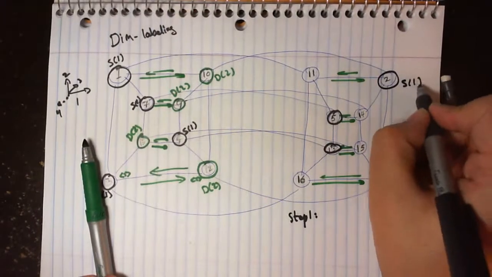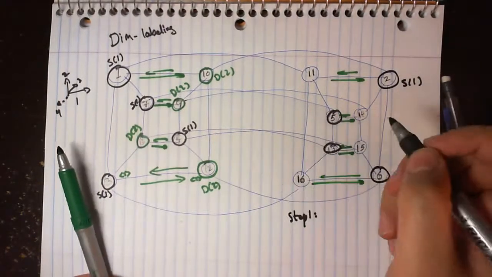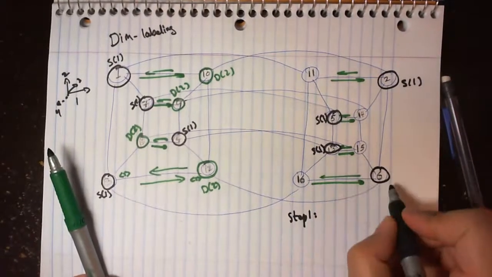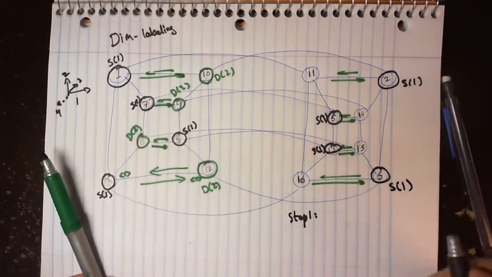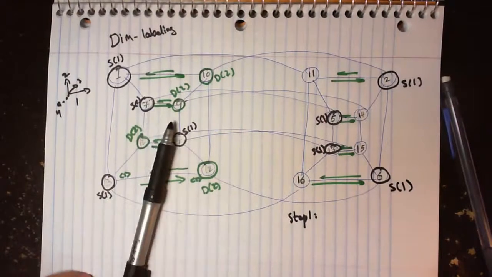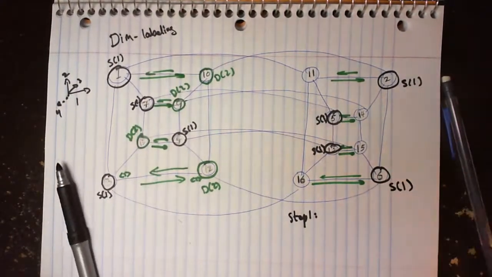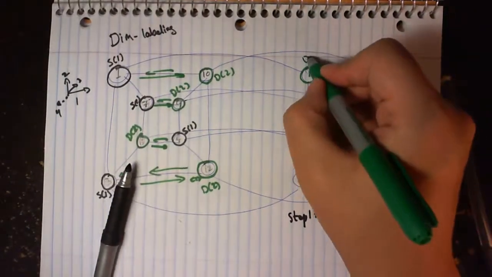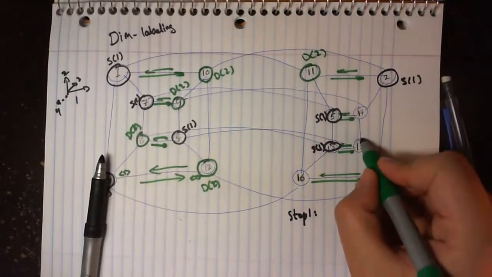So all of these are labeled S1. I should have labeled them L for loser, but whatever. That's what the paper uses, so it calls them seconds. They came in second place. But I think they just call them losers. It just makes it sound better, I think.